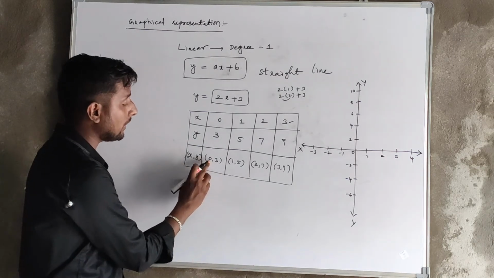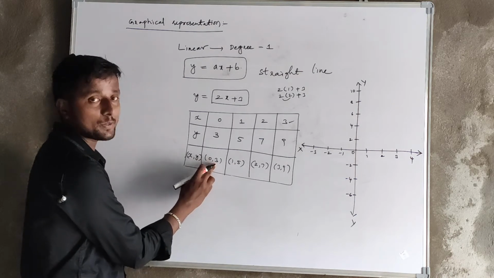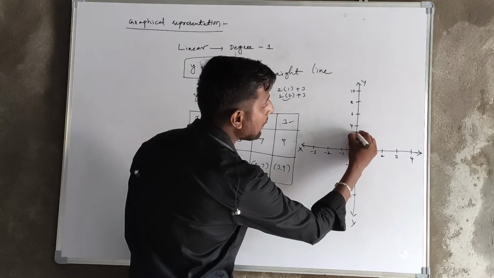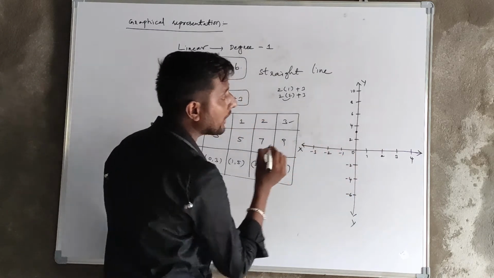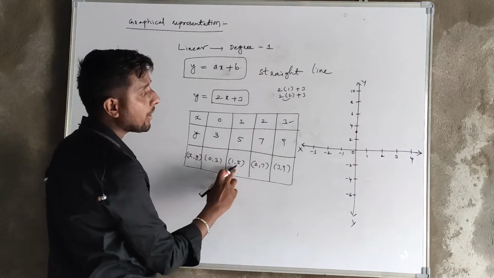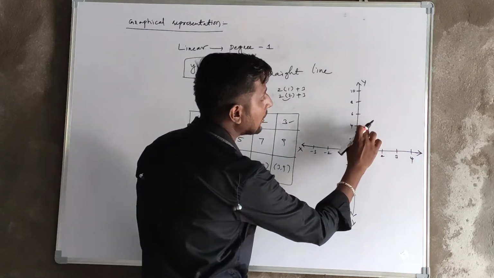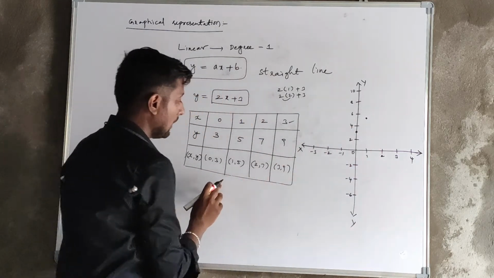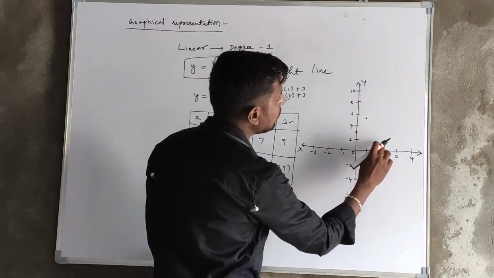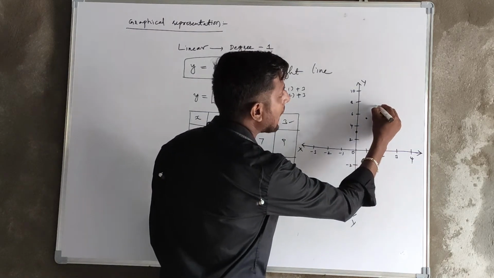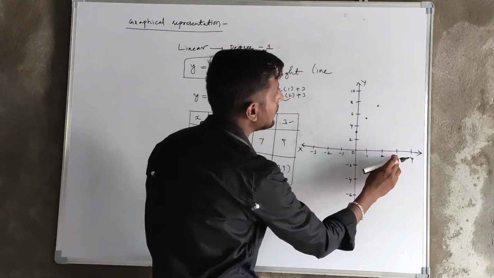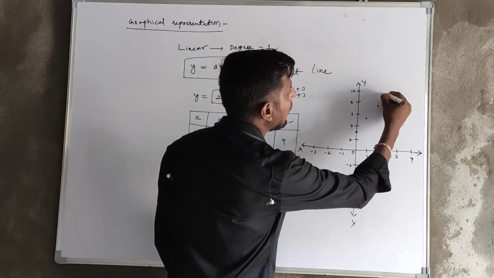Here the x coordinate is completely 0, so this point lies on the y-axis. So on the y-axis, 3 is in the gap between 2 and 4, the midpoint of 2 and 4. 1 comma 5: the 5 is the gap between 4 and 6. Next 2 comma 7: the 7 is the gap between 6 and 8, and 3 comma 9: the 9 is the gap between 8 and 10.